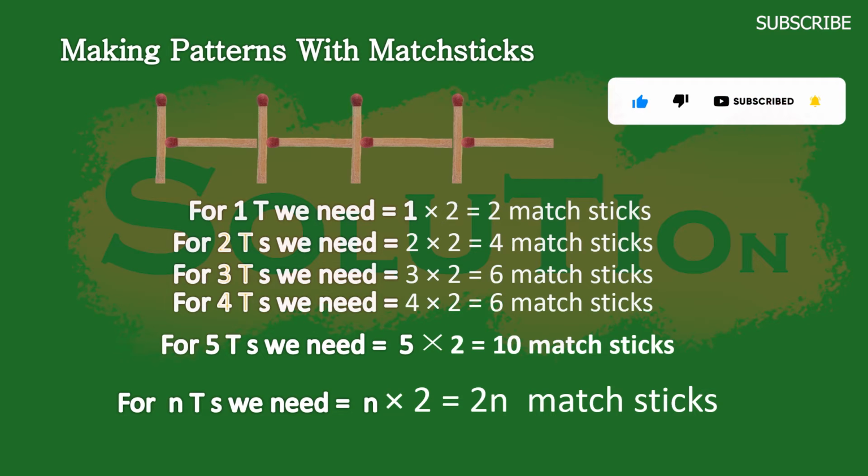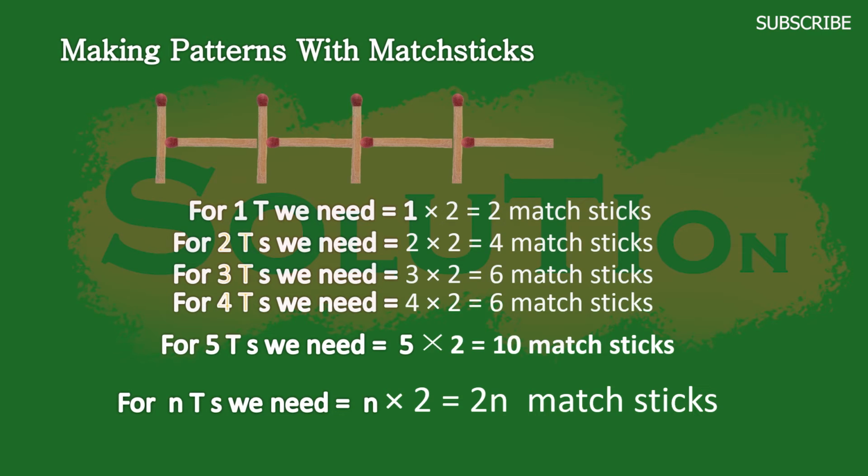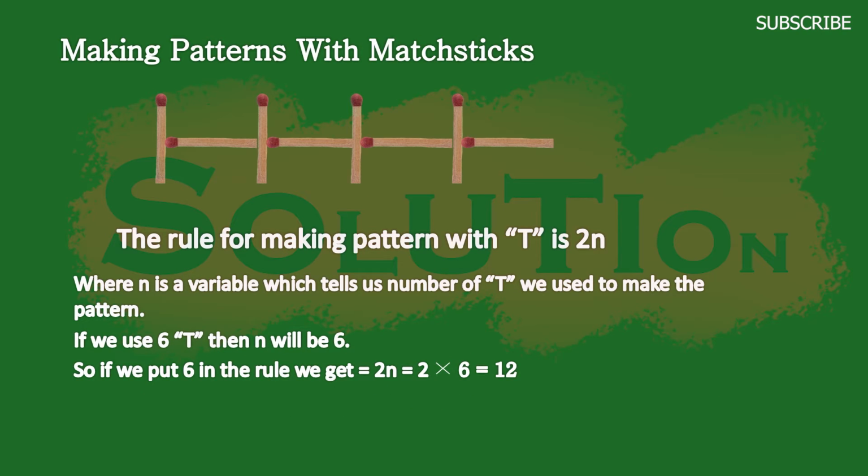We need n into 2, and n into 2 I can write as 2n. So that is the number of matchsticks we need. This is my pattern rule that we can say. The rule for making the pattern with T is 2n. This is the rule for calculating how many matchsticks we need.